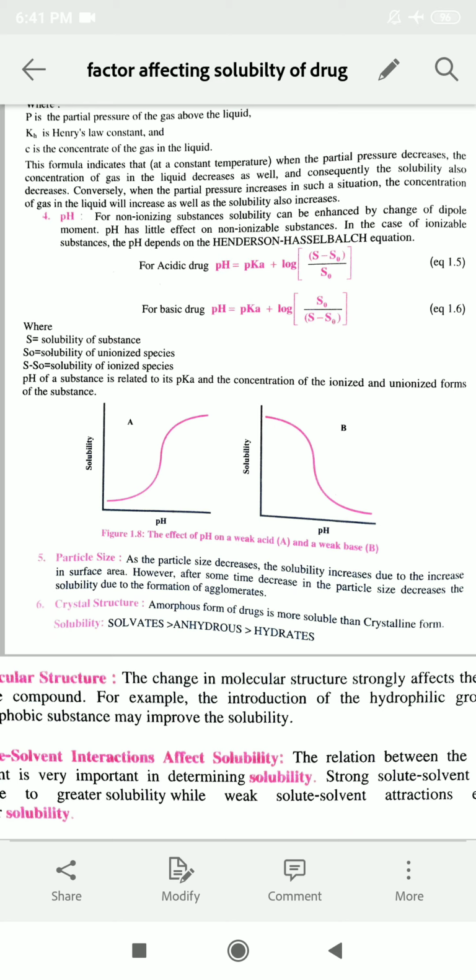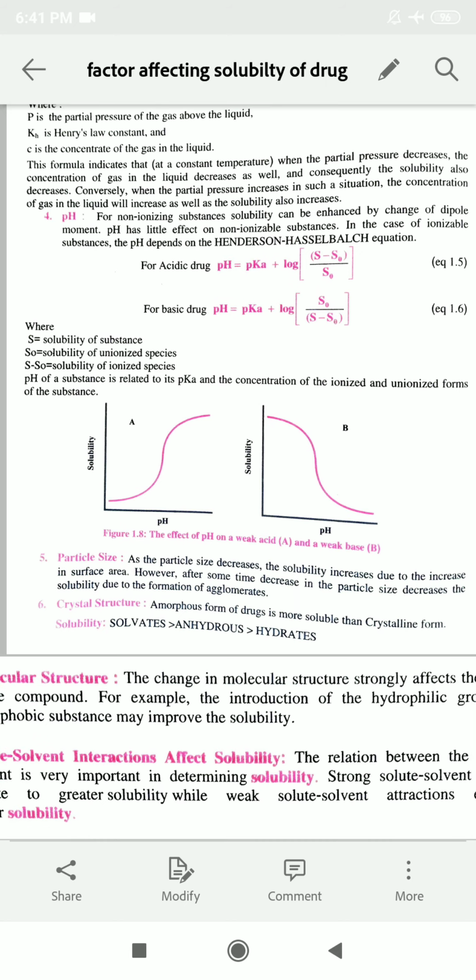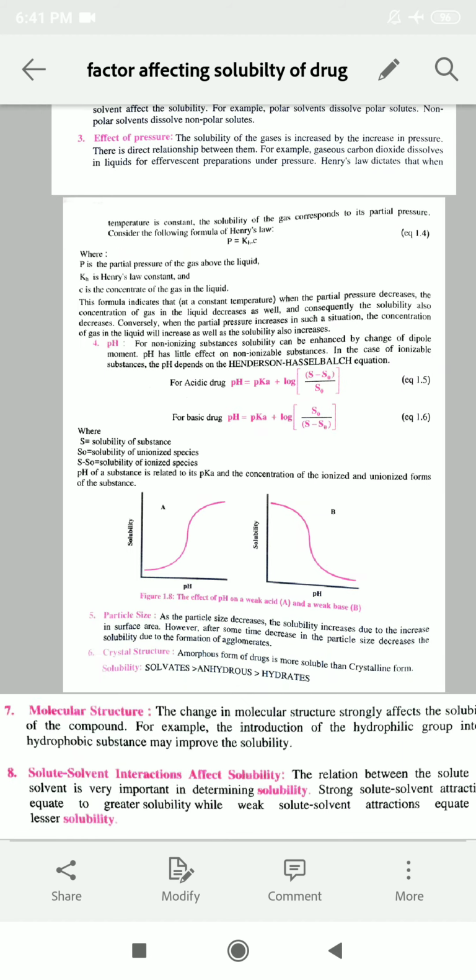To break that bond we require more energy, and due to that amorphous forms are more soluble than crystalline. The solubility order is: solvates have greater solubility than anhydrous, and anhydrous have greater solubility than hydrates.